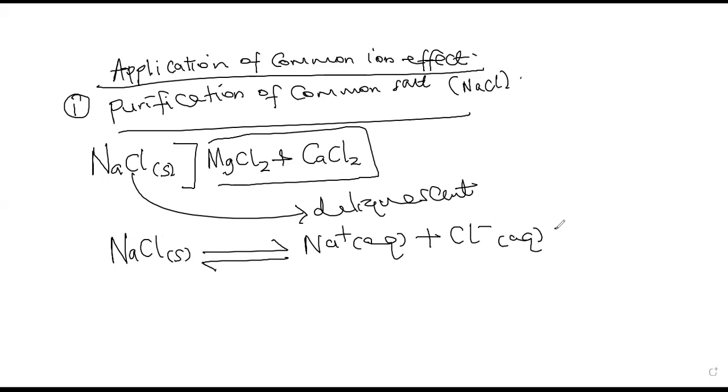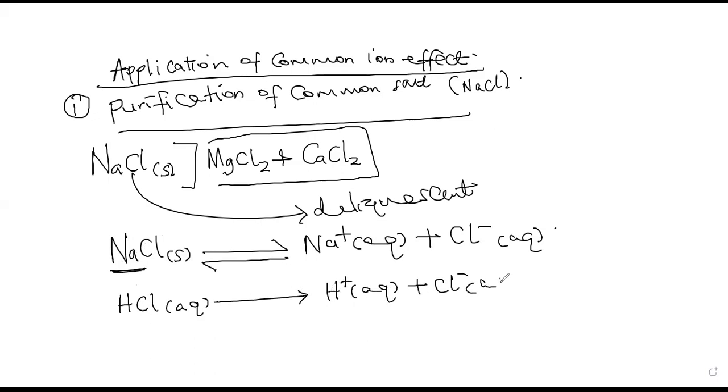So during the purification of sodium chloride, we add concentrated hydrochloric acid, which forms hydrogen ions and chloride ions.